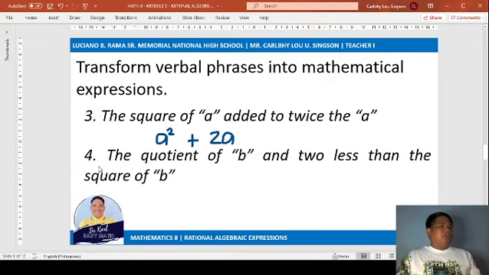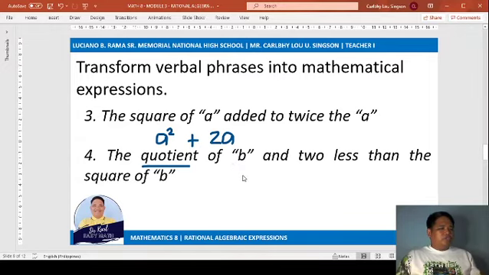Next, number 4, the quotient of b. Alright, so when we talk about quotient, it is the answer for division, right? So you can have it like this. The quotient of b and 2 less than the square of b.